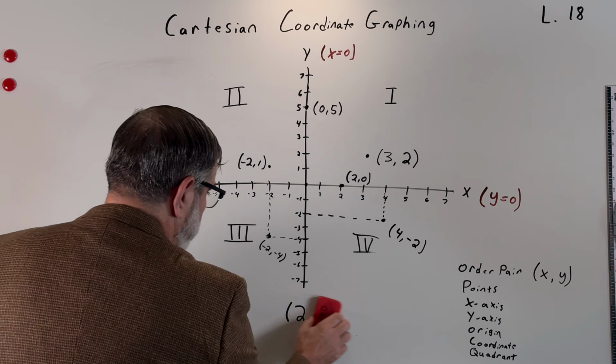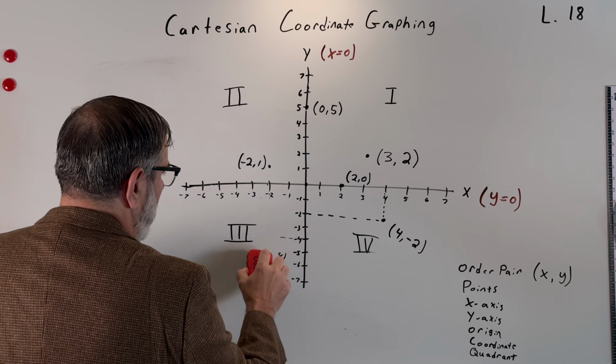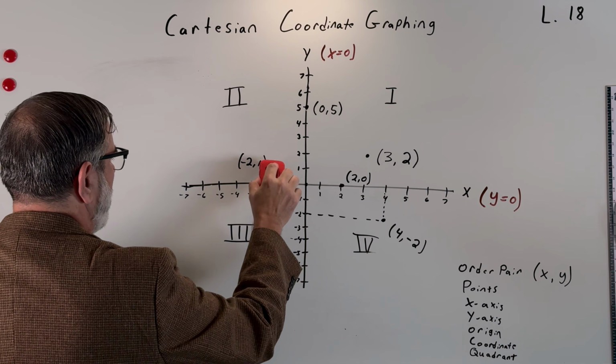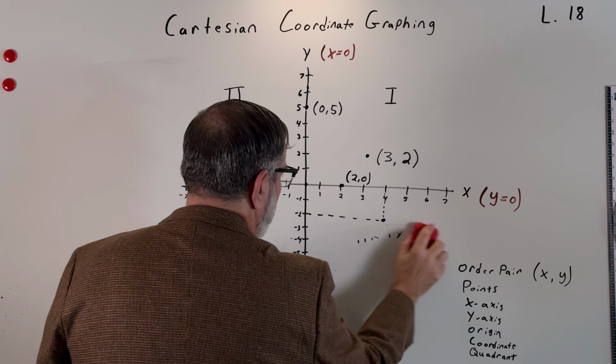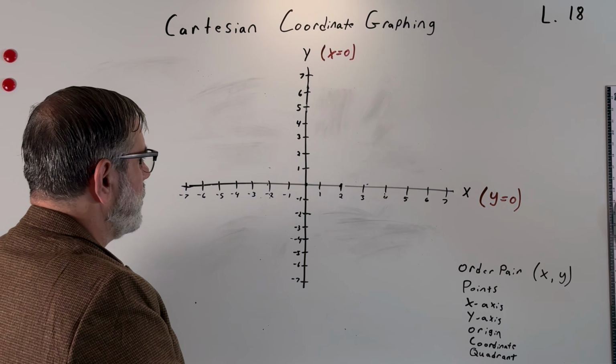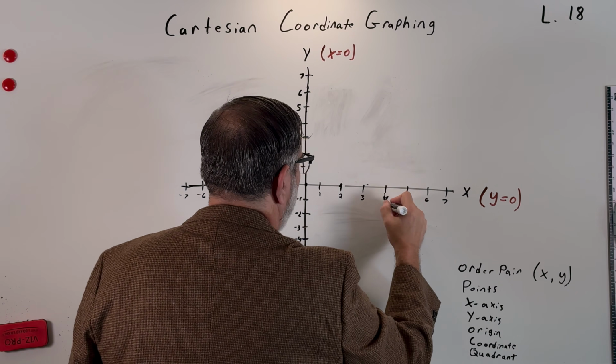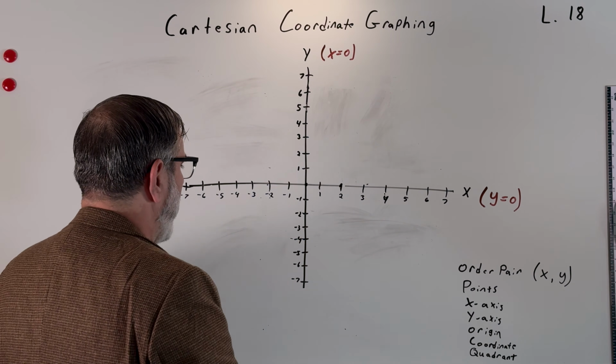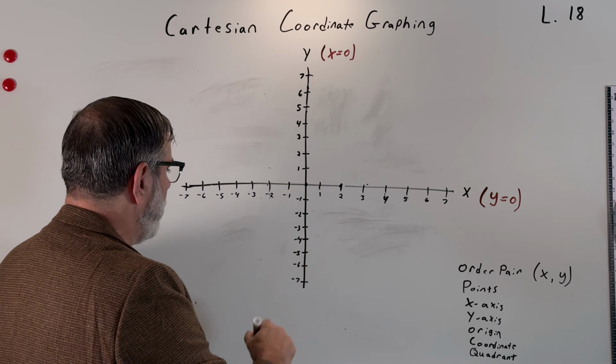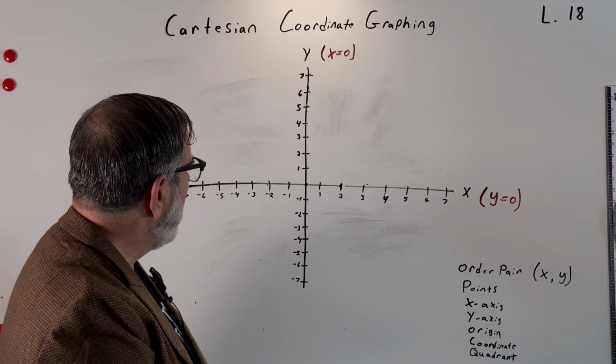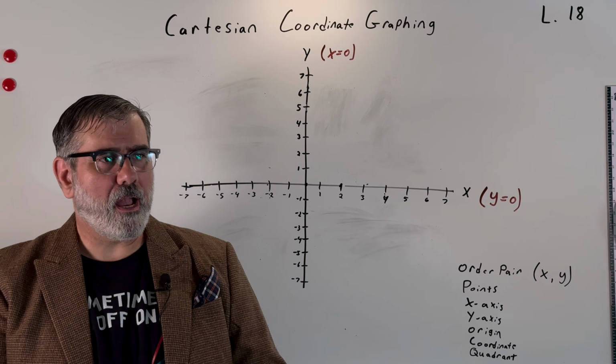It helps a lot if you have graph paper. I'm going to erase the quadrant names too. So I'm going to give you a point, an ordered pair, and I want you to plot that yourself. You'll pause the video, come back when you have your answer.